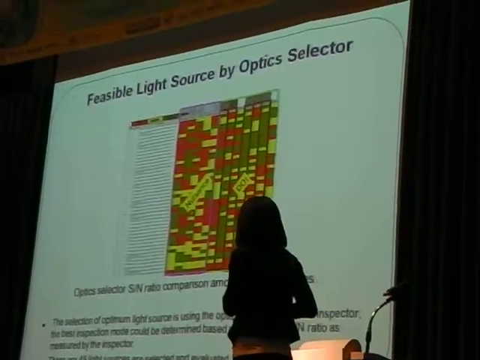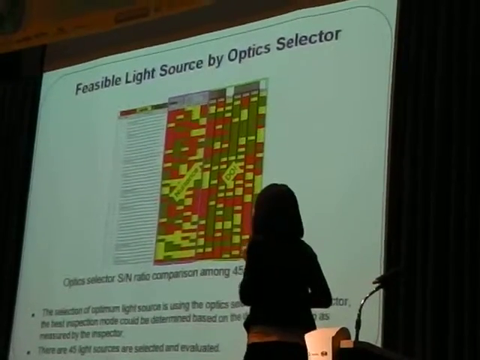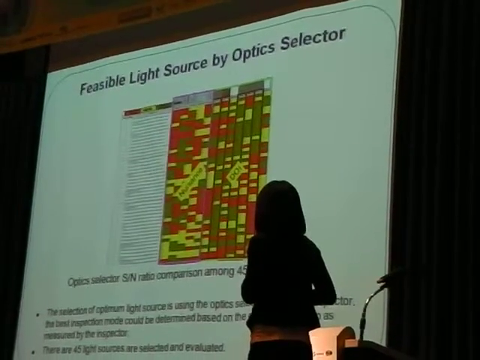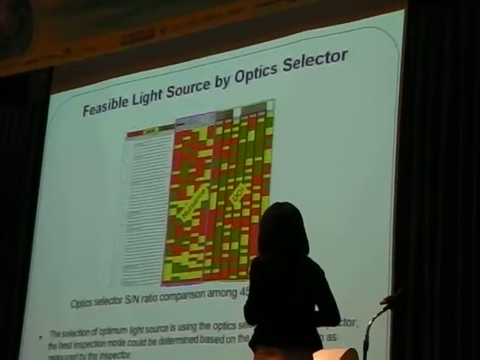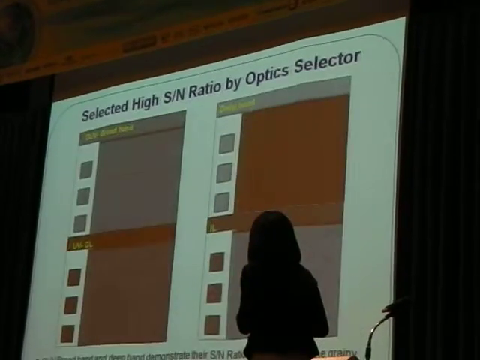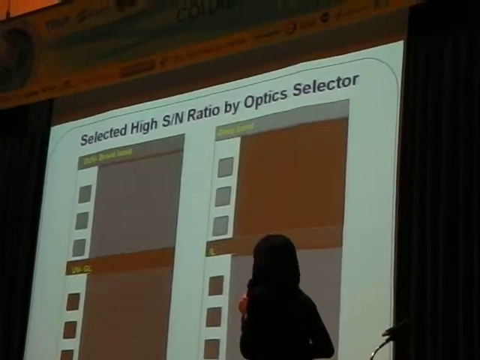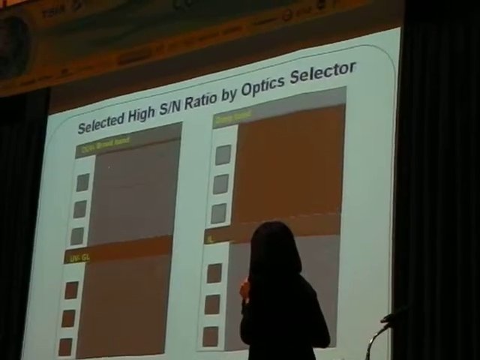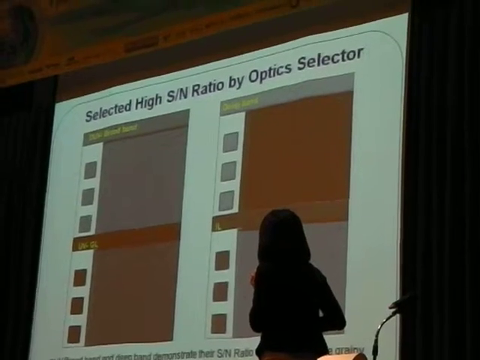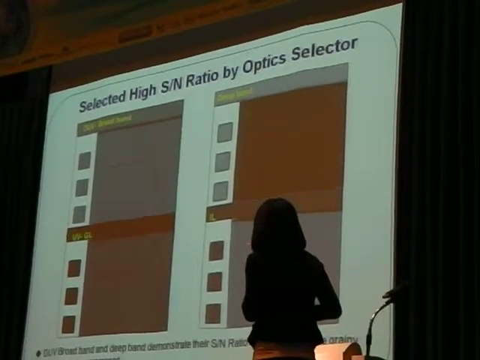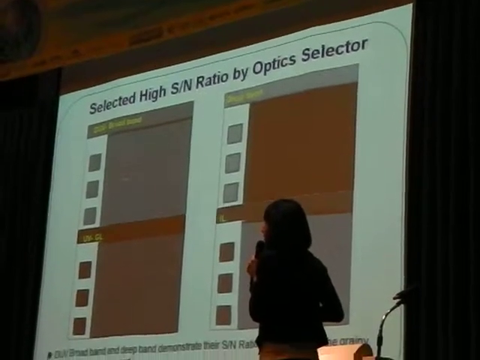And this rule is on the nuisance type: we will choose the low signal to noise ratio. And on the DOI table, we will choose the high signal to noise ratio. And on this example, we can see the 4 light sources on the ground picture. And we can see the DUV broadband and the deep band give better ground separation than UV G9 and I9. And if we choose the DUV broadband and the deep band, we can get the best mode.